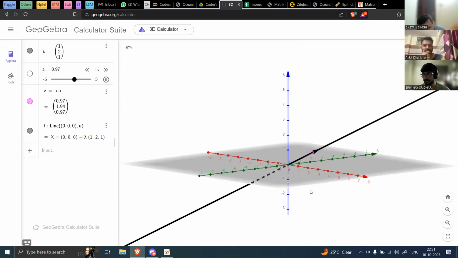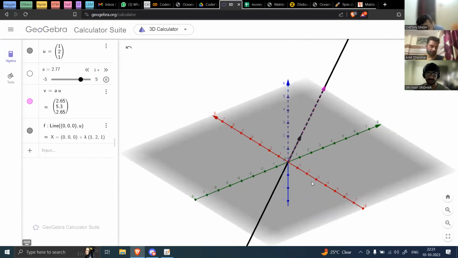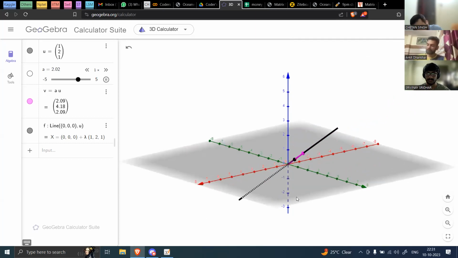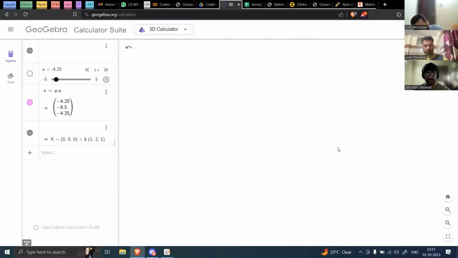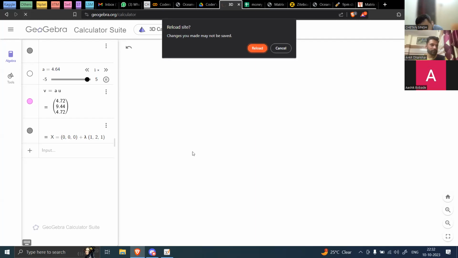My bad, one second. Is the screen visible? Yes, it's visible. No, the graph is not visible. The screen is visible. My laptop is hanging. One second.